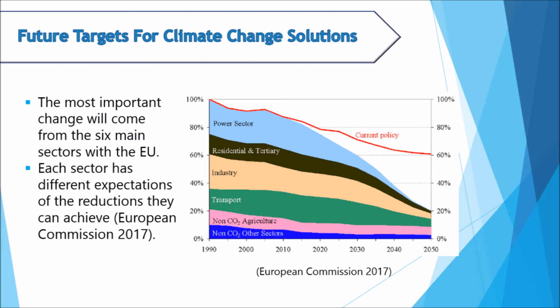The most important change will come from the 6 main sectors within the EU: power, transport, buildings, industry, agriculture, and construction. Each sector has different expectations placed upon them as to exactly how much reduction they can achieve. Power has the biggest potential to cut their emissions. They believe they can almost entirely eradicate their CO2 emissions by 2050.